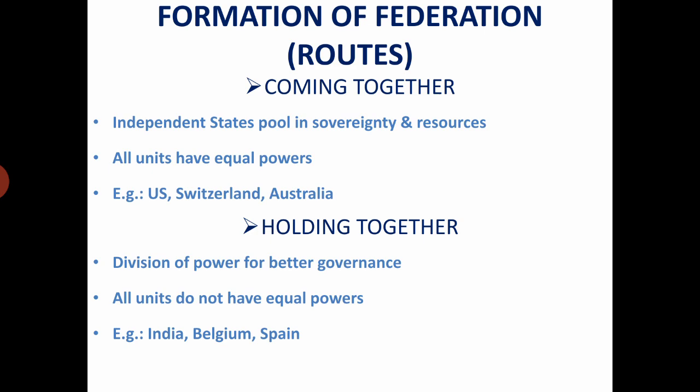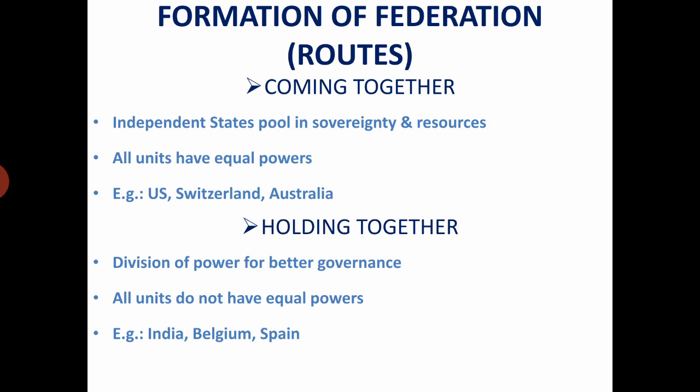For example, US Federation was formed when 50 independent states came together of their free will to form a bigger state. In coming together federations, states pool in, that is, combine their sovereignty and resources. Sovereignty means supreme, that is, free to make internal and external policies.